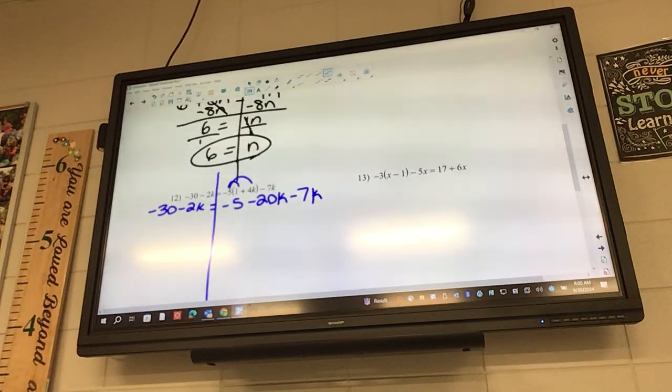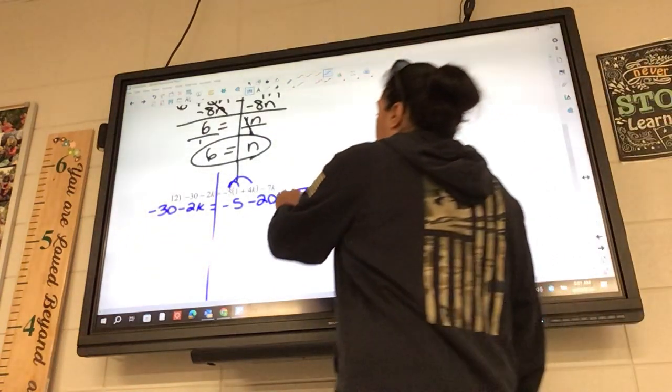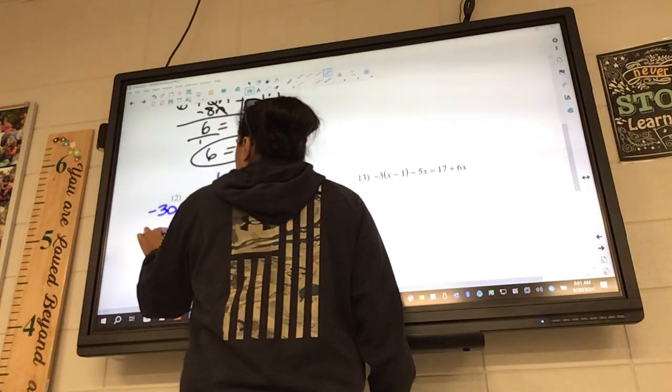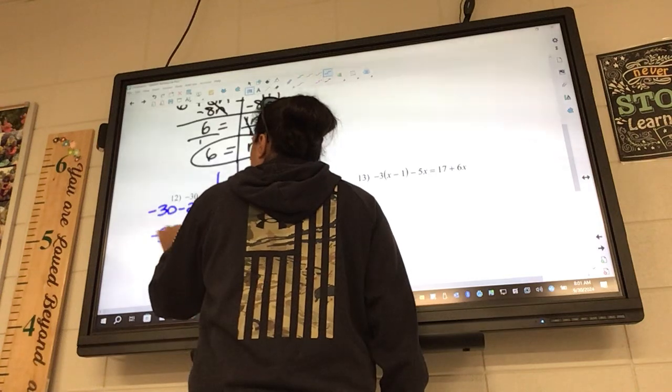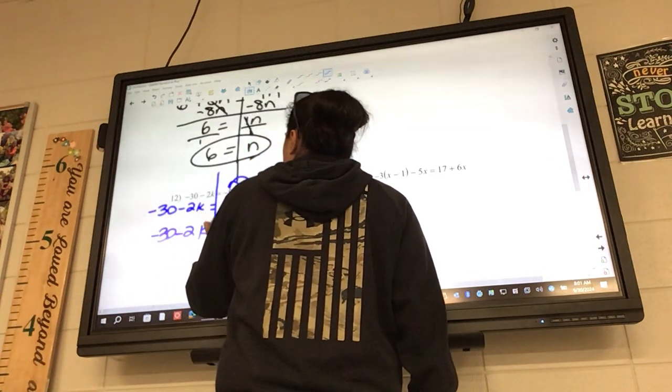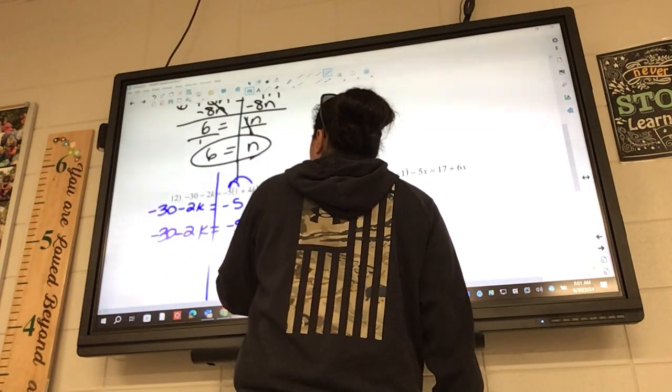If there's any more than that, then that means something has to get combined. Okay, so if you look at the right side, there are 3 pieces down that side, so that means something can get put together. And who can get put together? The 20k and the 7. Okay, and so it's going to be negative 30 minus 2k equals negative 5 minus 27k.